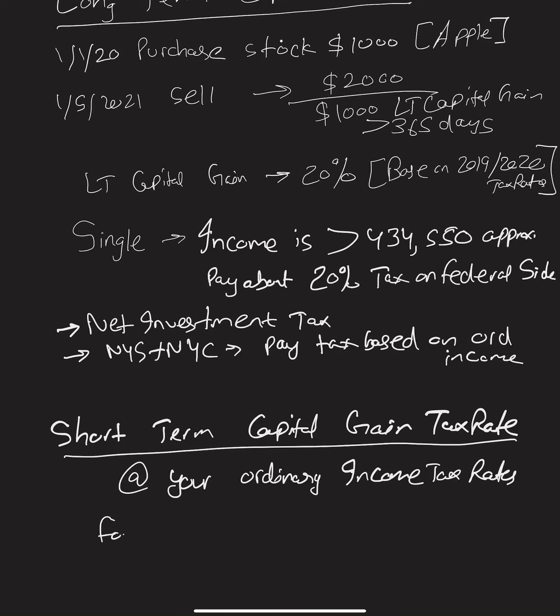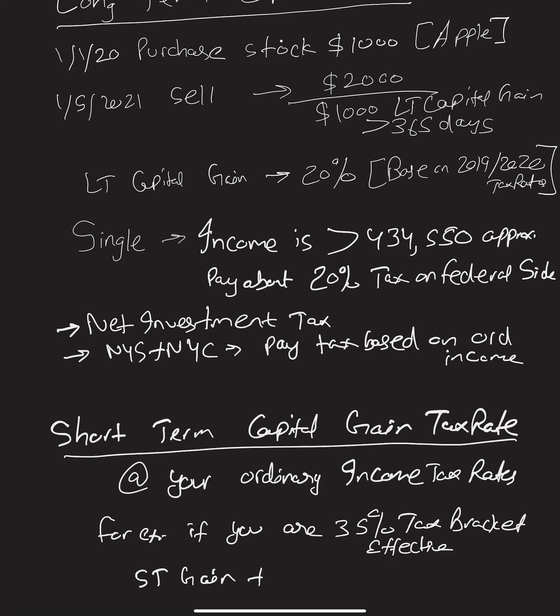For example, if you are in the 35% tax bracket overall, your short-term gains are taxed at 35%.